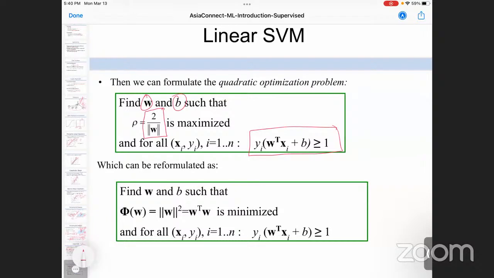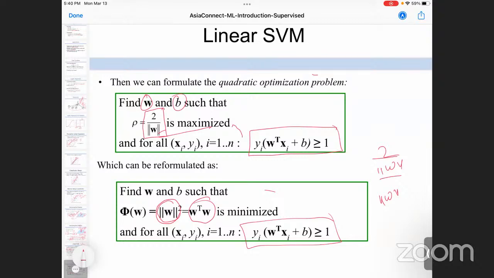Quadratic programming works for minimization problems, so maximizing this is equal to minimizing the inverse, the same thing. So you can minimize this under the same constraint.